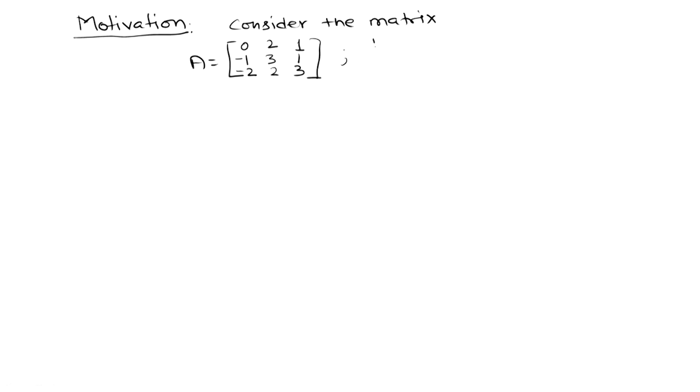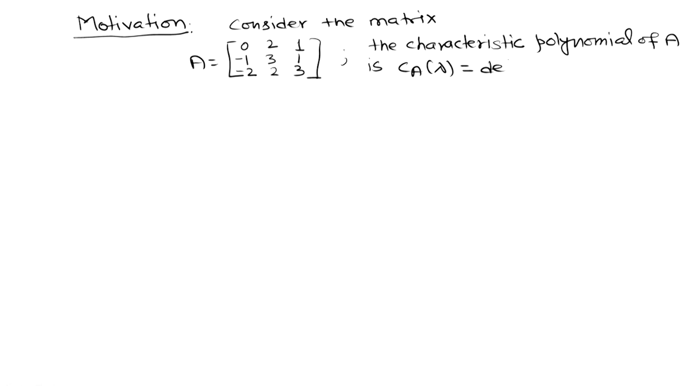Now, the characteristic polynomial of A is C_A(lambda), which is just the determinant of A minus lambda I, and if I calculate it, it comes out to be a polynomial in lambda of degree 3: lambda cubed minus 6 lambda squared plus 11 lambda minus 6.